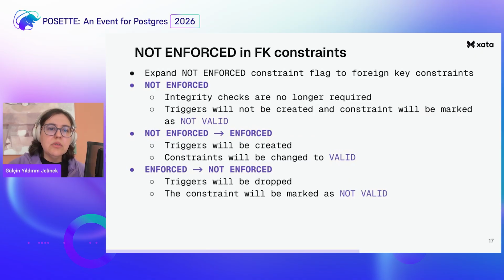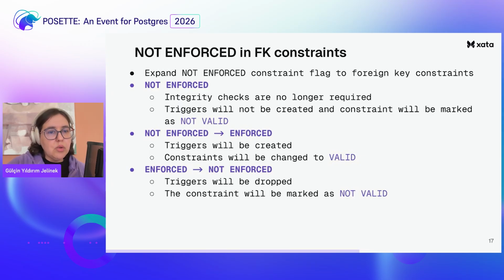For foreign keys, when a foreign key is created, some triggers are also created, right? So if you create something now as not enforced, that changes things. Since we are not checking or enforcing anything, you don't need to create these triggers.